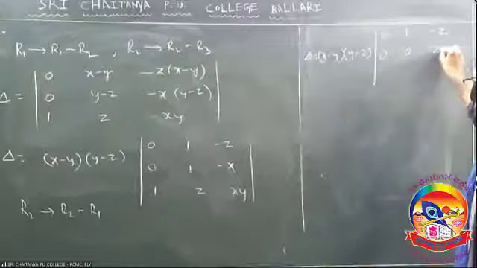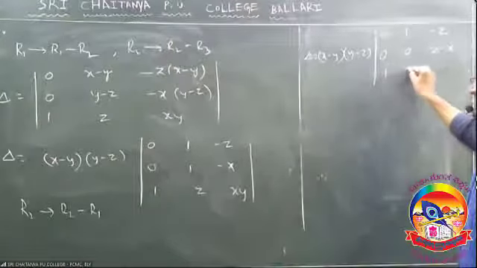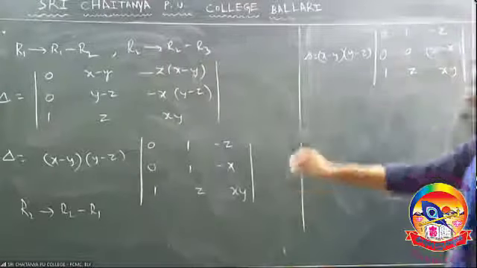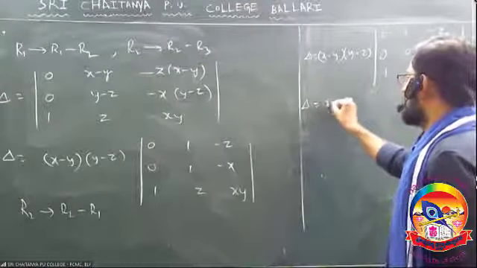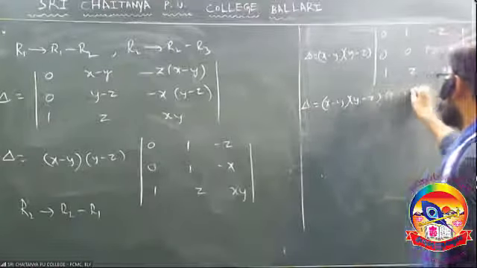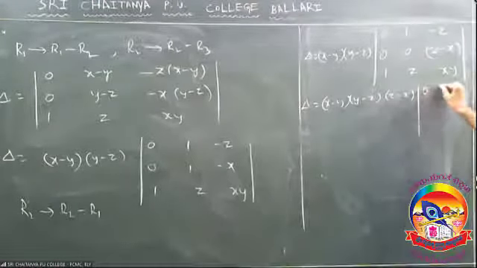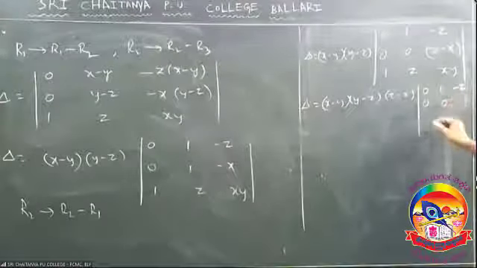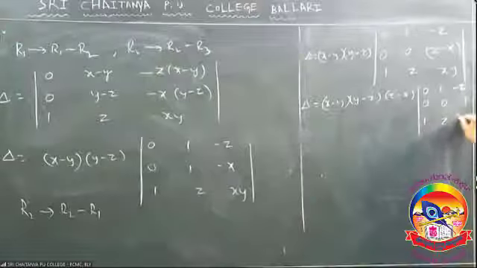So this is z minus x and R1 z xy. Now take this z minus x outside. Delta is equal to x minus y into y minus z into z minus x into delta of 0, 1, minus z. Okay. 0, 0, 1 and 1 z xy.